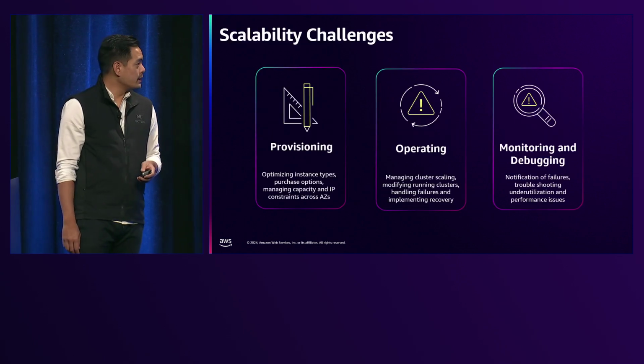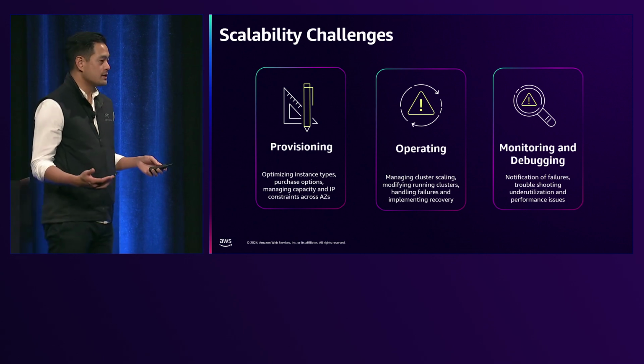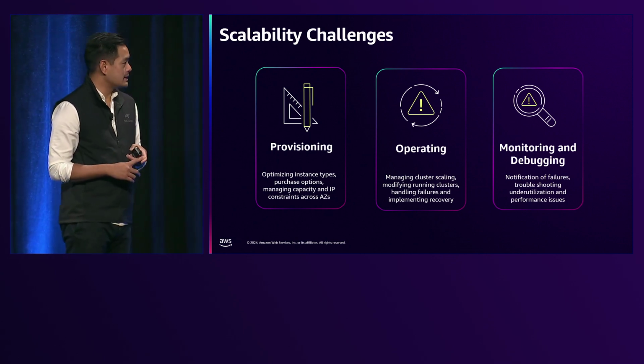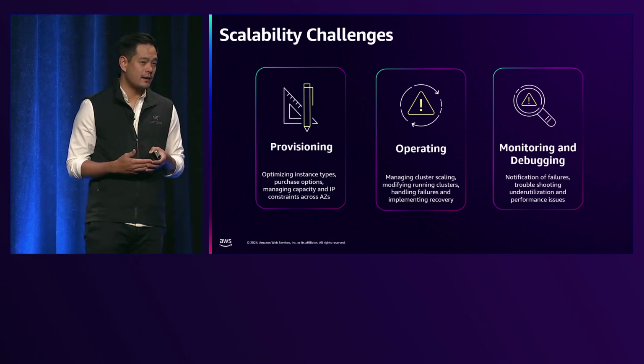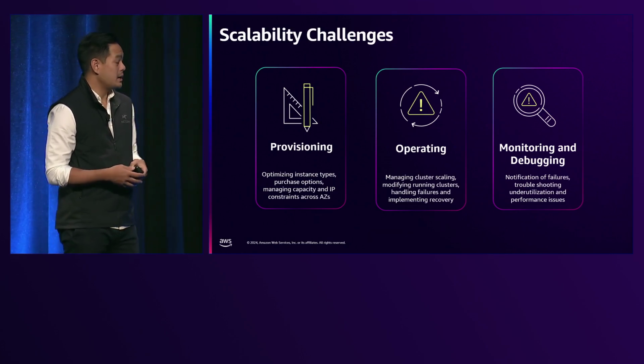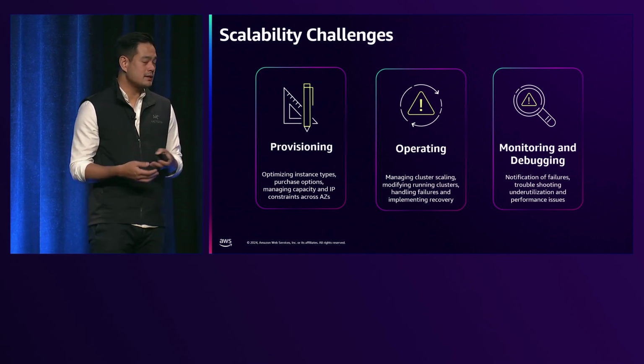So starting with scalability, when we talk with customers, there are generally three buckets of problems. One is that provisioning is difficult, like getting capacity, figuring out which AZs to provision your clusters in, making sure those AZs have IPs.